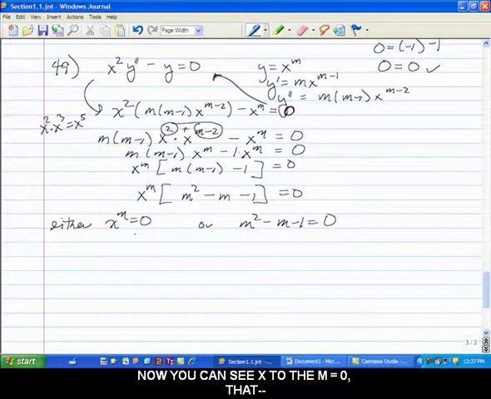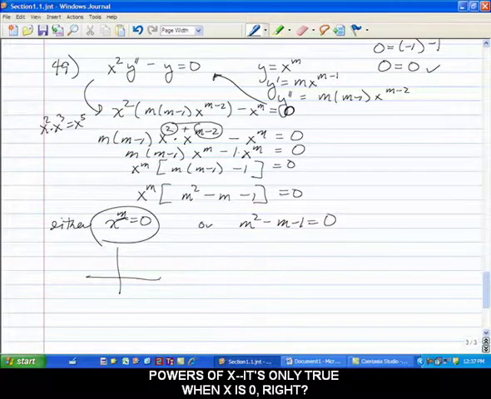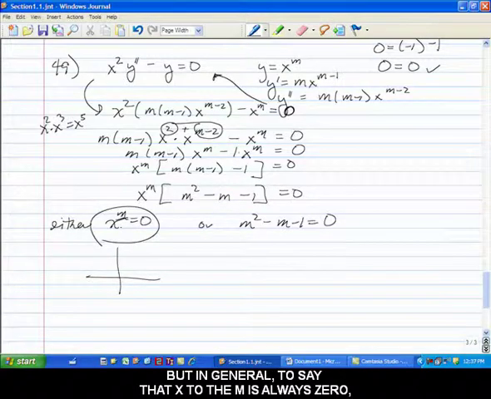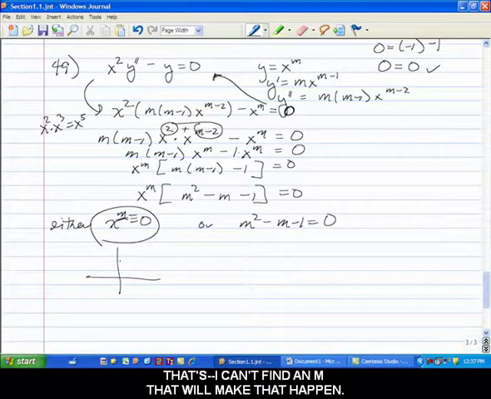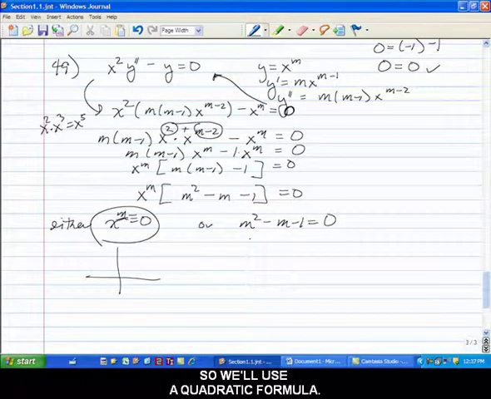Now you can see x to the m equals 0. That's never true in general. Powers of x, it's only true when x is 0, right? But to say that x to the m is always 0, I can't find an m that will make that happen. And then over here, you notice I'm not going to be able to factor, so we'll use the quadratic formula.